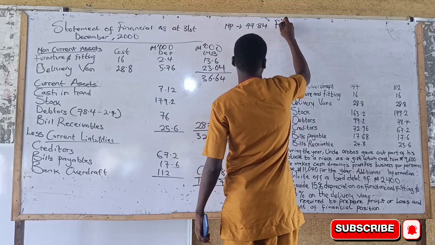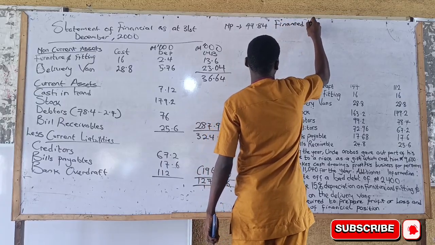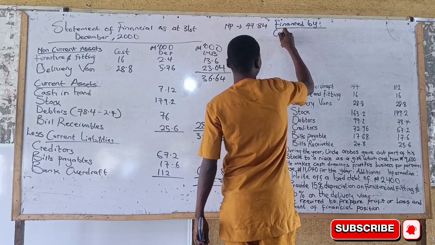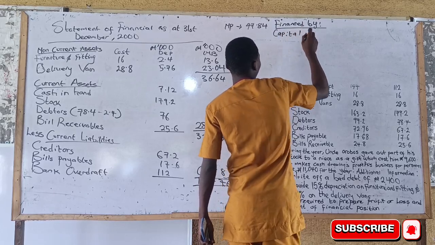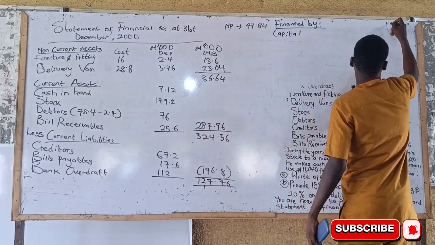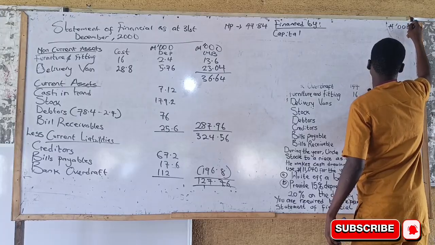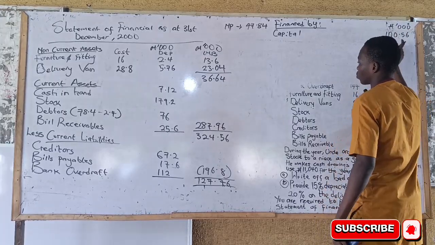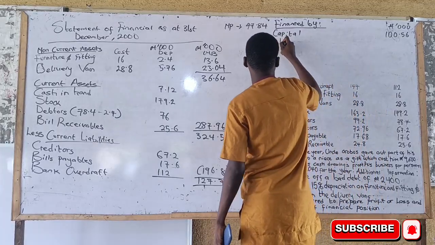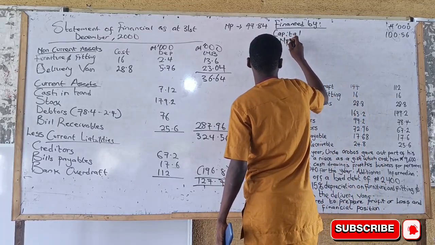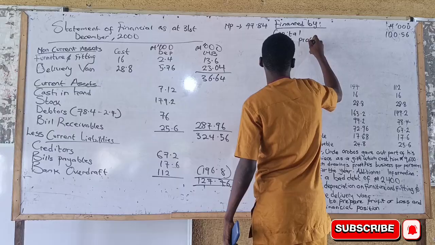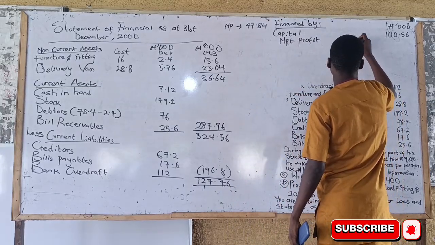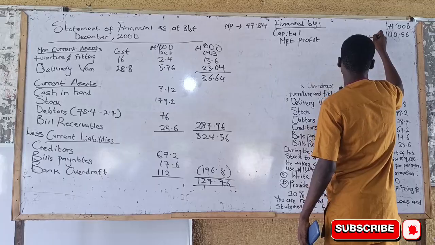127.76. Financed by, the first is the capital, and I said the capital is going to be the opening capital. You know that the opening capital is 156. Then the net profit, the balance you are seeing here is for the net profit, which is 47.84.